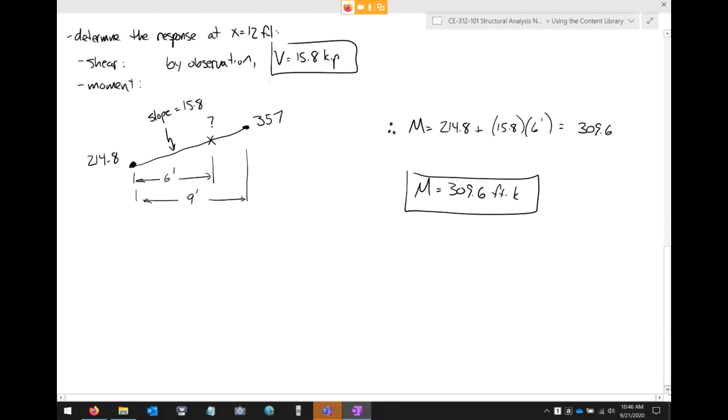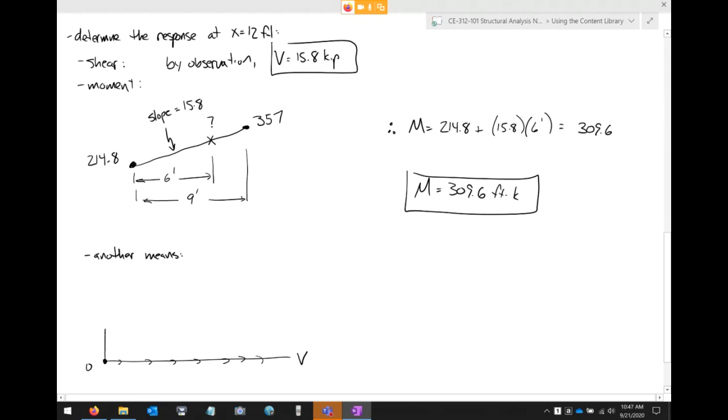One other point I want to mention, remember that moment is just the integral of shear. So I'll say another means. Here's a zoomed in portion of your shear diagram, right?